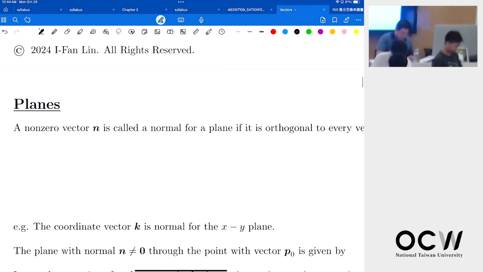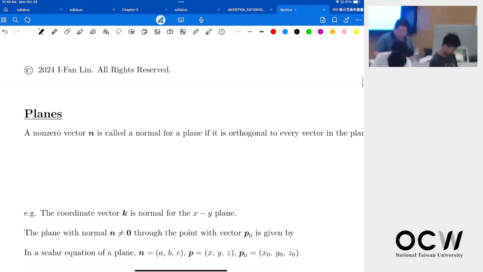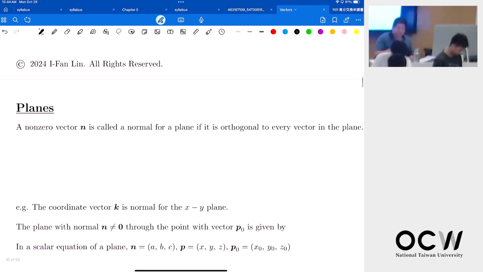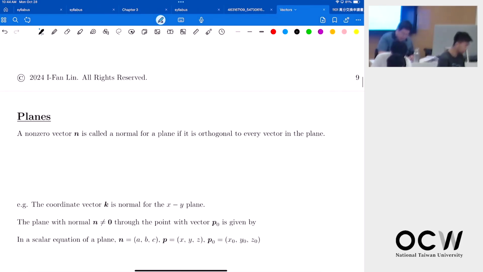Now let's talk about planes. How do we express the planes? Here I have a non-zero vector, and we call this vector n a normal vector, or normal to a plane.